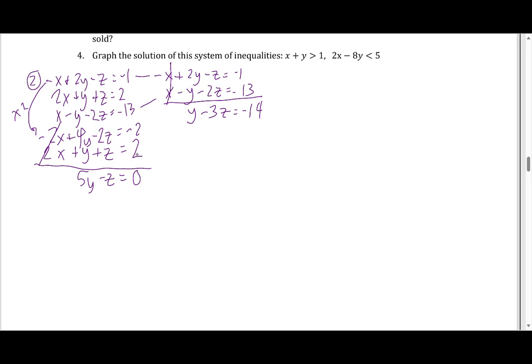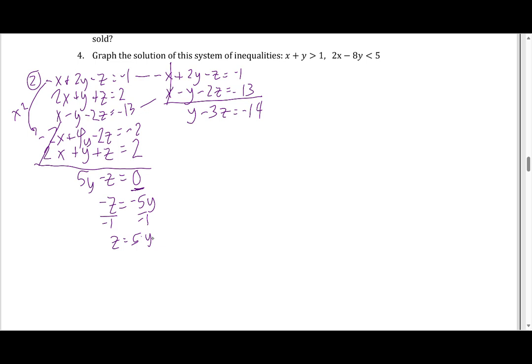Now from here, I have two equations with two variables, just y and z. So it's going to be a lot like number 1 that we just did. So I can use elimination or substitution. I'm actually going to use substitution since we have this nice 0. So I'm just going to move over the 5y and divide by negative 1. So now I know that z is equal to 5 times whatever y equals.